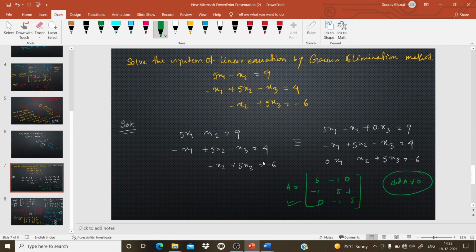That means A is non-singular, and a non-singular coefficient matrix always gives a unique solution. So whenever you solve any system of linear equations by the Gauss elimination method, remember that this will give you a unique solution.